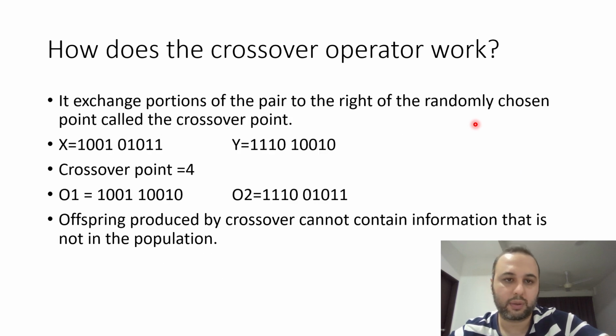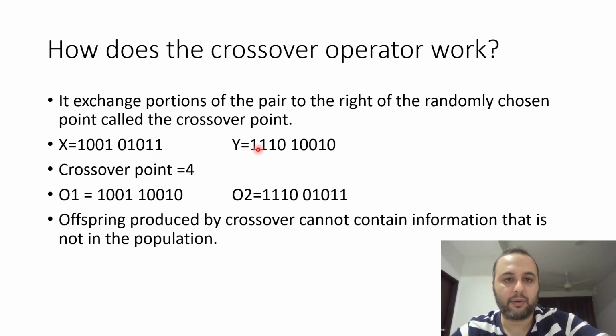And how does it work? For instance, in this example, crossover works like this: if we have 4 crossover points, point equal to 4, we have two parents, X and Y. We have 9 genes in this chromosome: 1, 0, 0, 1, 0, 1, 0, 1, 1.